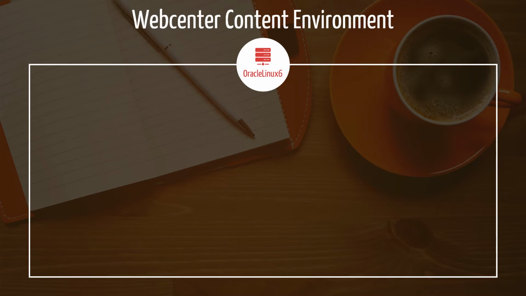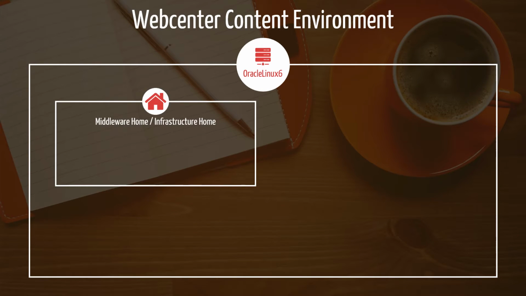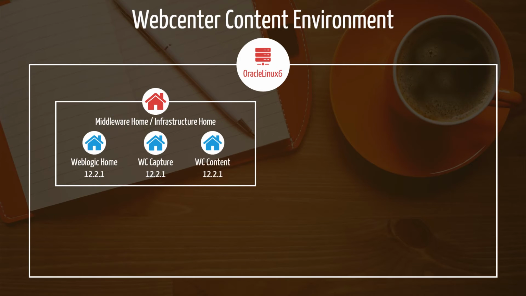It comes bundled in Fusion Middleware installation itself, along with Oracle Common, RCU, and JRF and EM domain templates. So we'll be installing Fusion Middleware Infrastructure 12.2.1 version, which creates Fusion Middleware Home, along with WebLogic 12.2.1. Next, we'll be installing Webcenter Content software which creates WCC Capture and WCC Content Oracle Homes.